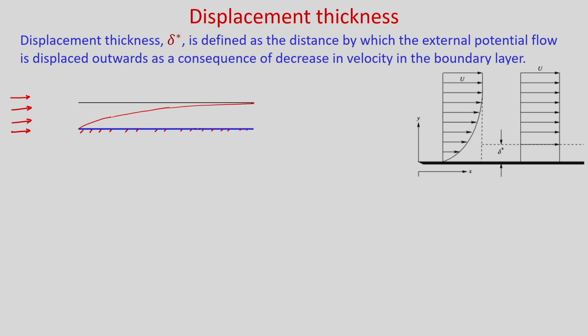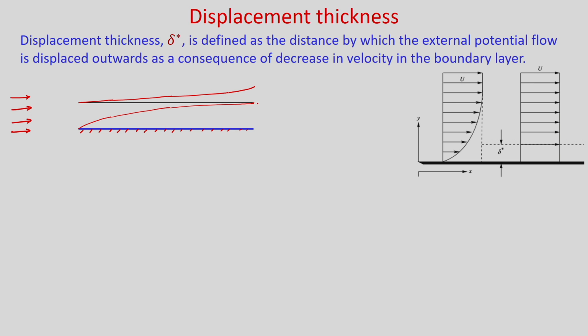If you consider two different x locations, to keep the mass flow rate the same, it has to be deflected in the outward direction. So, let us say that due to the presence of this wall, this horizontal streamline is deflected like this. At any location x, you can see there will be deflection of this streamline, and this is the streamline in the presence of this flat plate.